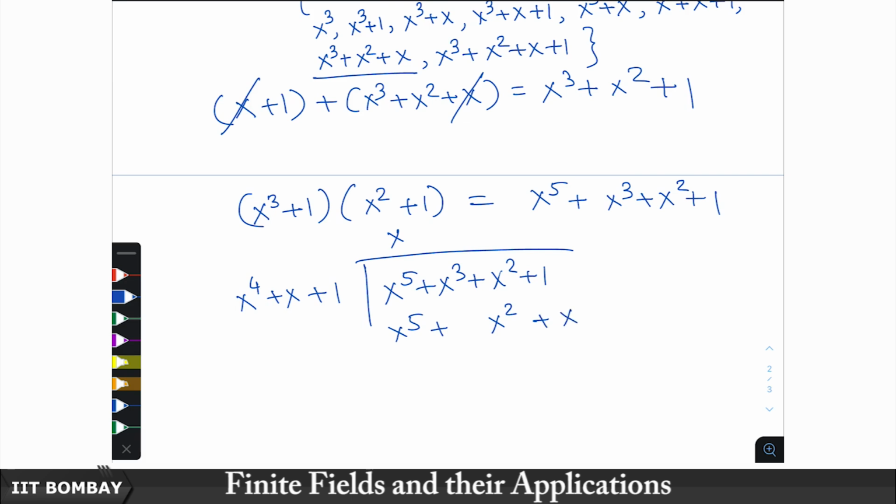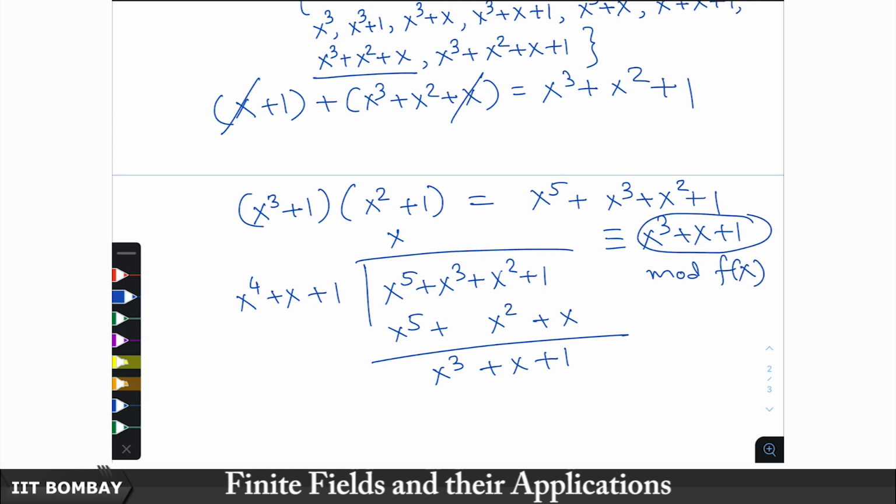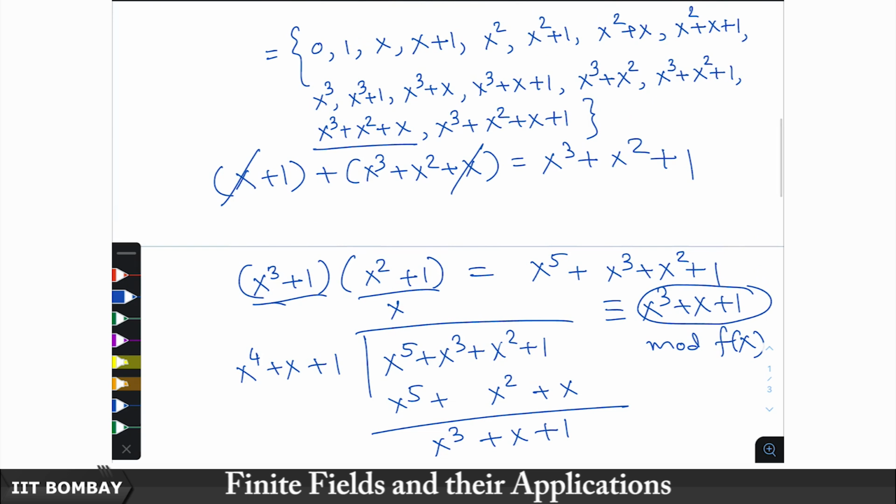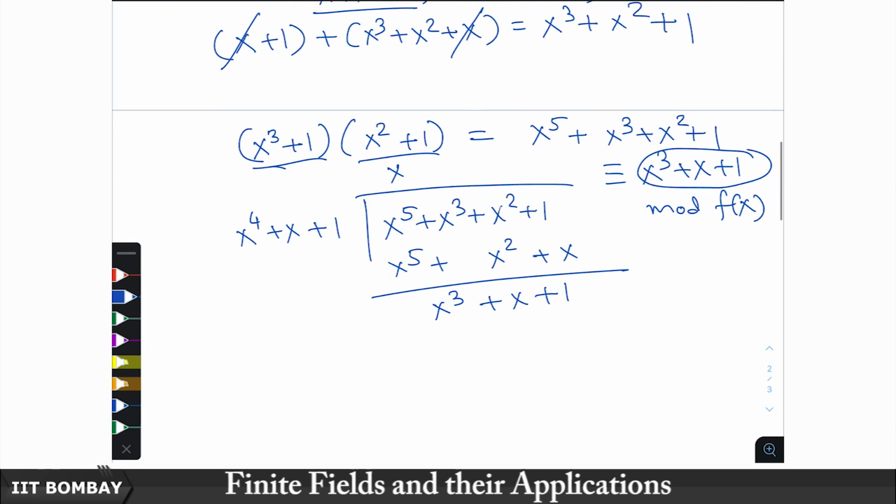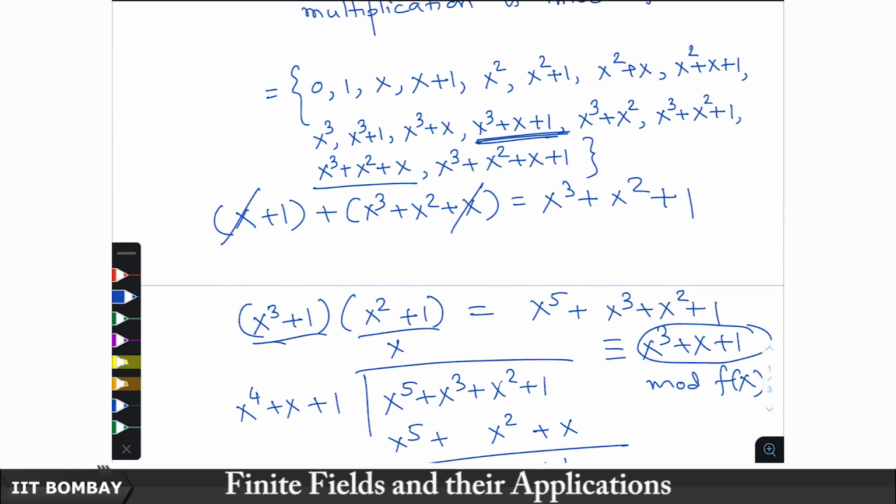So, you take x^5 + x^2 + x. So, if you add, we get x^3 + x + 1. So, this is the product, x^3 + x + 1 mod f(x). So, this is the polynomial, that is the product of these two polynomials. So, this polynomial is listed here among the elements.